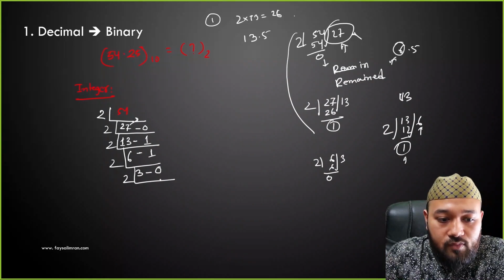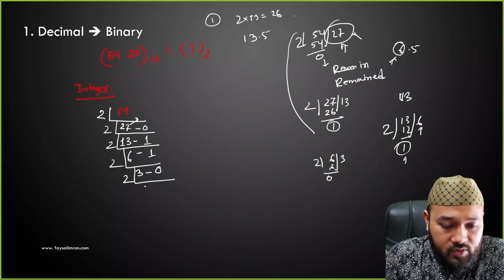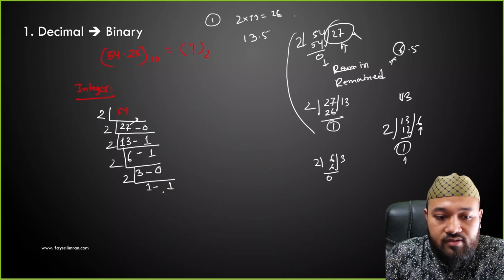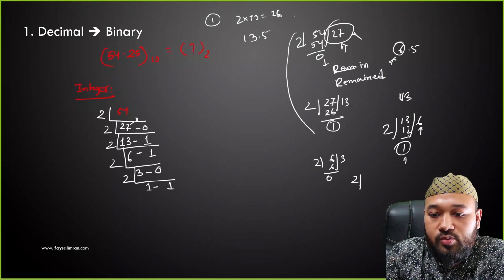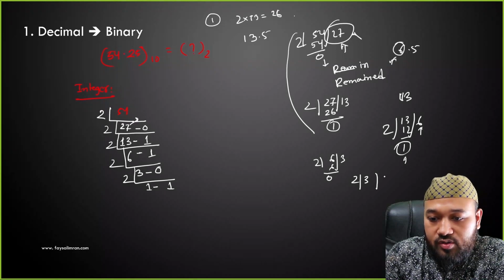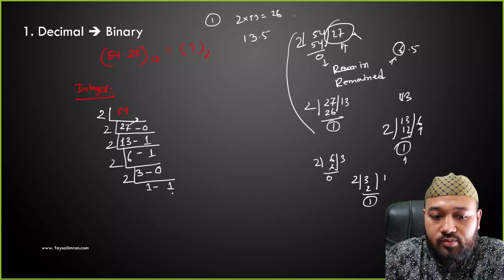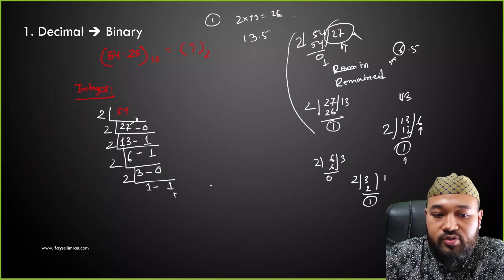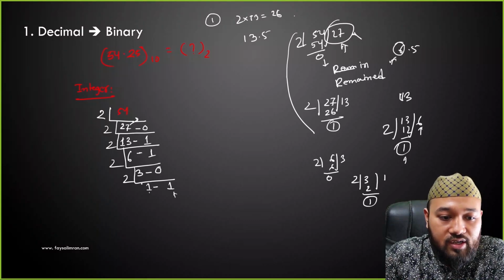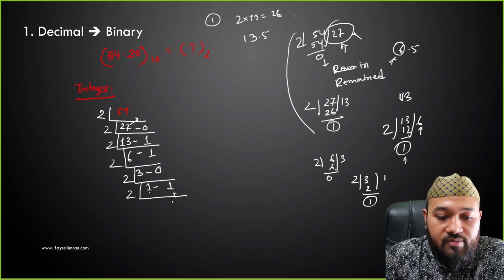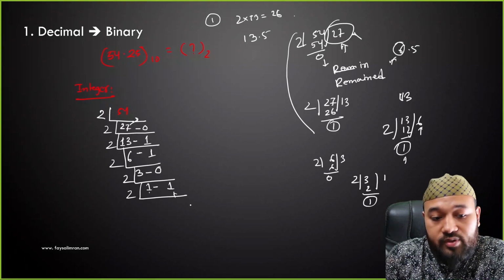Also we divide by 2, so we get 1 and the remainder is 1, like 2, 3, so 1 into 2 is 2, the remainder value is 1, we put it here, 1, and the division result is 1, we put it here. Also we are going to divide by 2, so what will we get now?